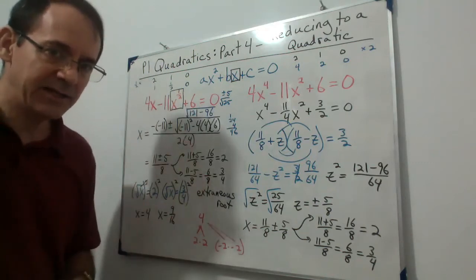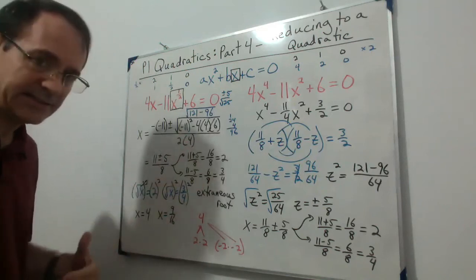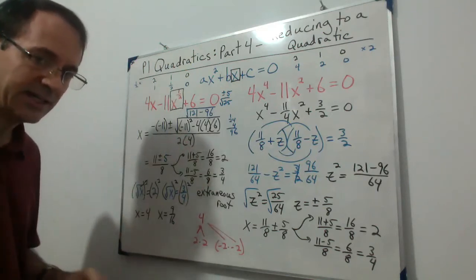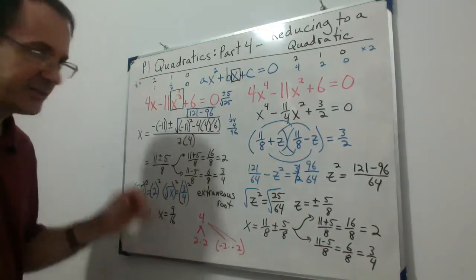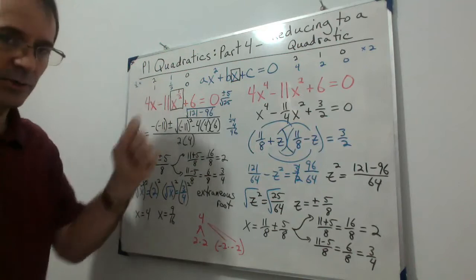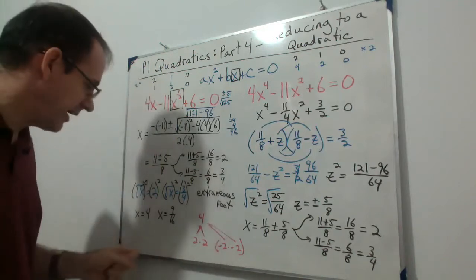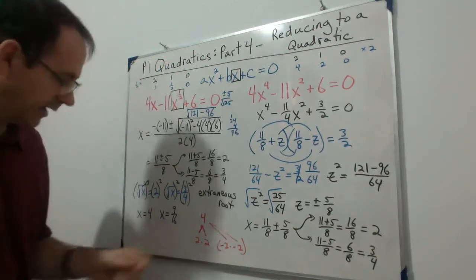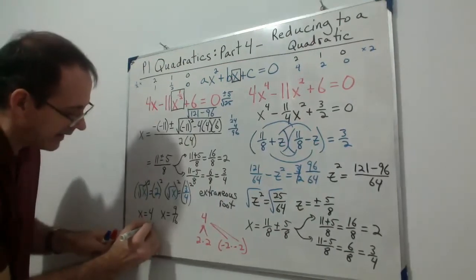So the bottom line is this: when you square both sides in your solving process, you need to take your answers, plug them back into the original, and see if they work. Now, in this particular case, they both do work, and so these are your correct answers.